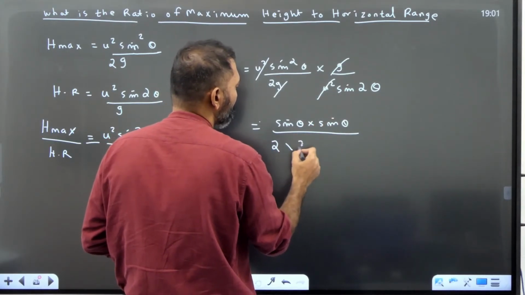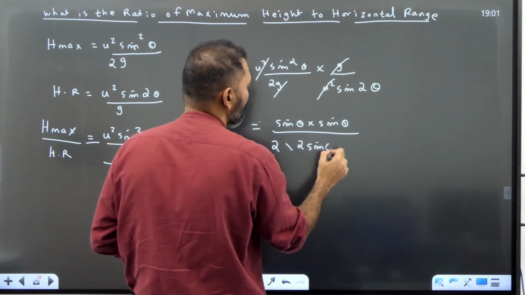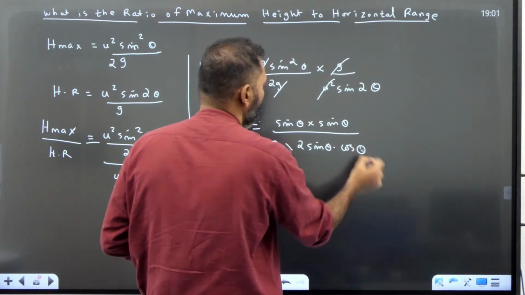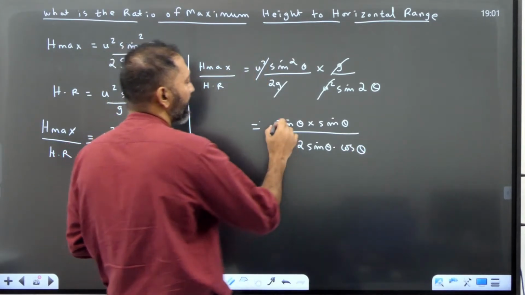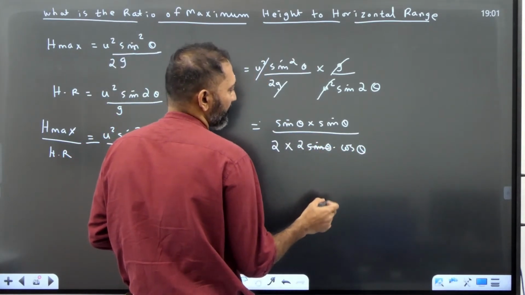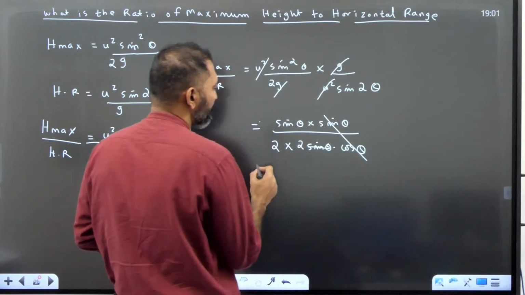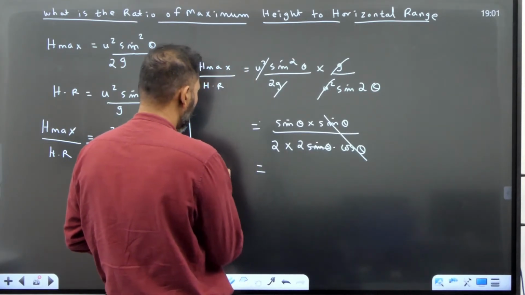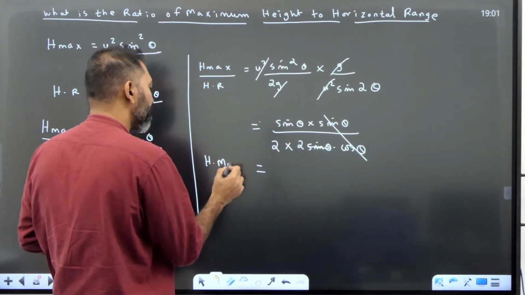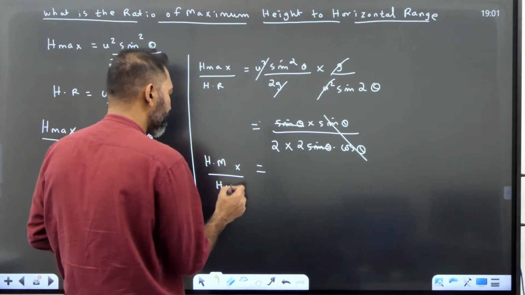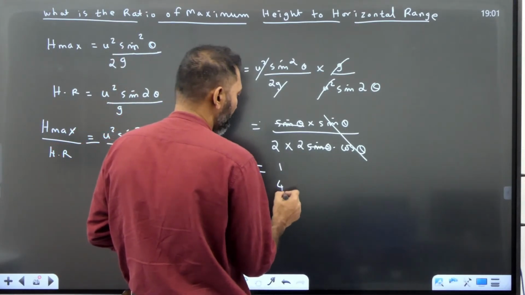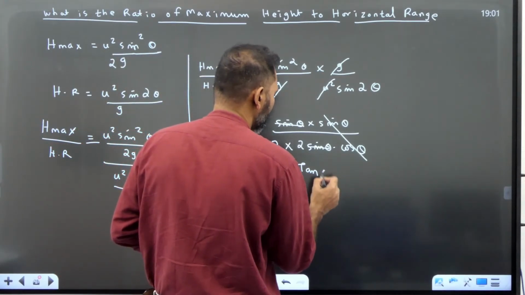Instead of sine 2 theta, I am writing 2 sine theta cos theta. Now what happens? Sine theta gets cancelled. Sine theta by cos theta is what? Tan theta. So what is the maximum height to horizontal range equation? 1 by 4 tan theta.